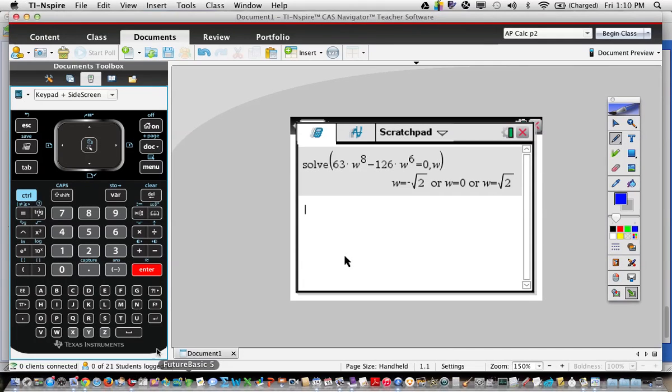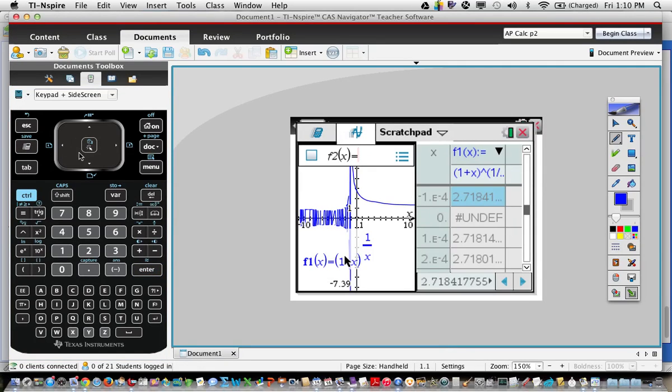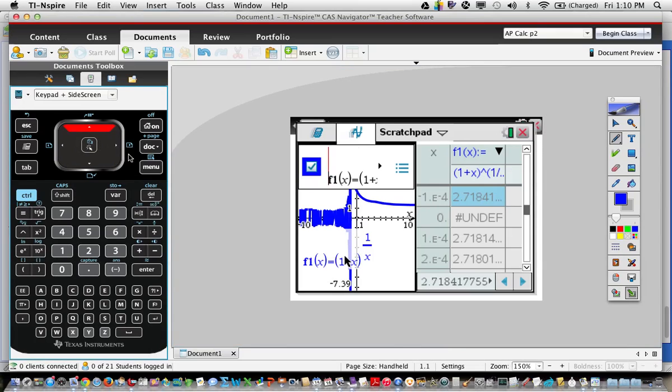Now, there's a lot going on here that I want to make sure everybody's understanding. So let's go ahead and do it. Okay, so we're going to have our fraction, and what is it?